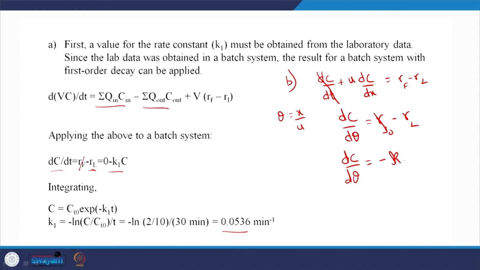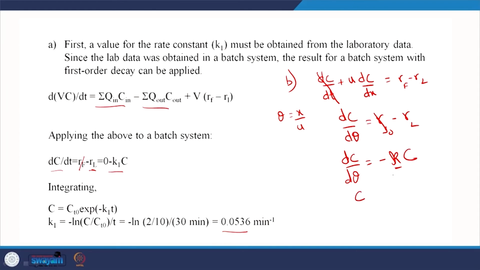Again when we say rate constant, it is a constant for that particular set of temperature, for those conditions. So, obviously whatever you do in your batch reactor, the rate constant is still going to be the same even in your plug flow system. So, k is going to be a constant. So, again what do we have?